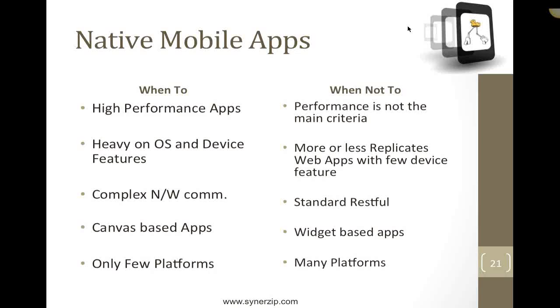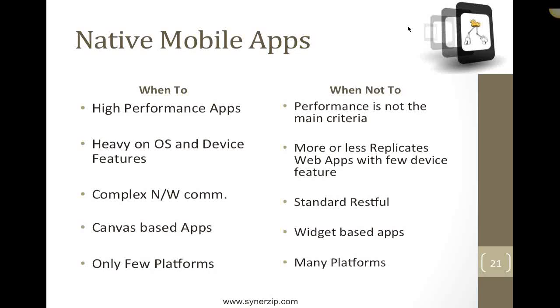Furthermore, one more example of why I would suggest a native application is when your application requires canvas-based drawing. For example, if you're writing a PDF writer or Office application, or it's a game, or it's an application which is an authoring tool like Photoshop, you need to draw on a canvas. This is currently not so efficient going cross-platform, and it requires a high-performance rendering on canvas, so you should go for native.